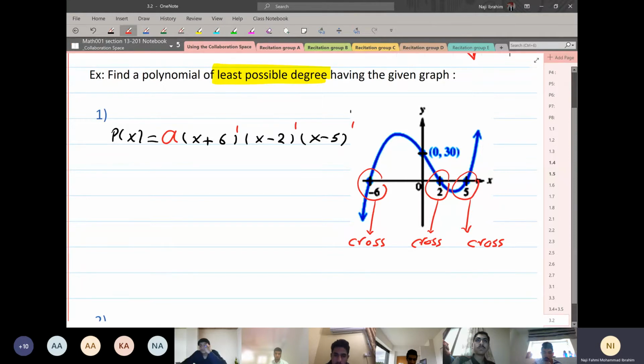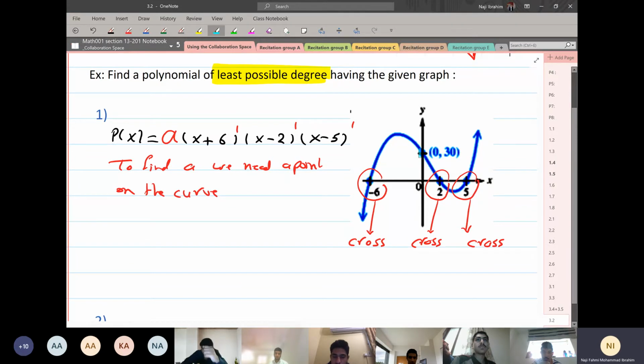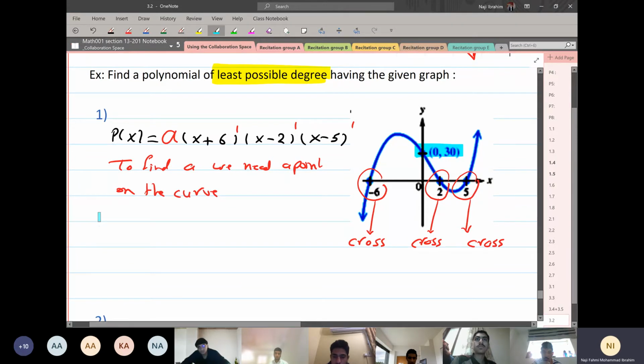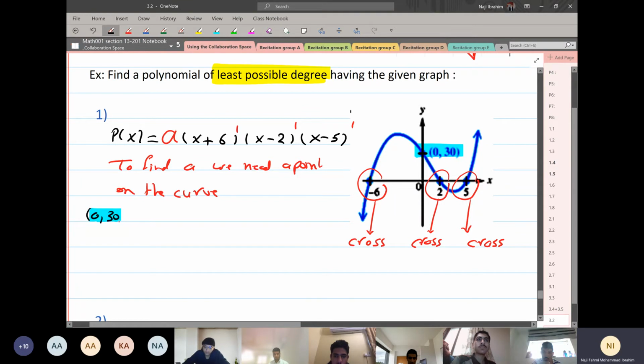And to find a, we need to use a point on the graph. And that point is given to us, which is what? He gave us (0, 30). So this (0, 30), I will use it to find the value of a.